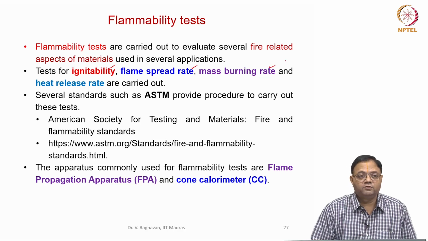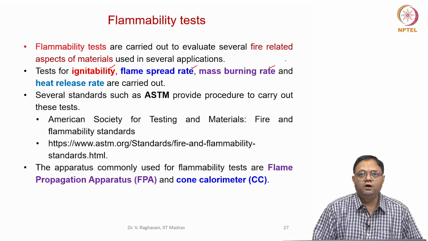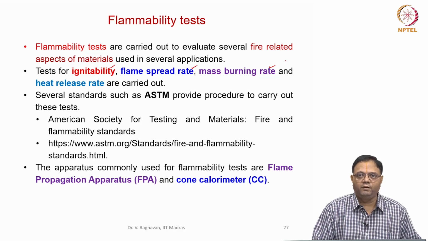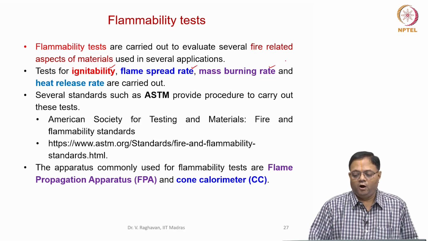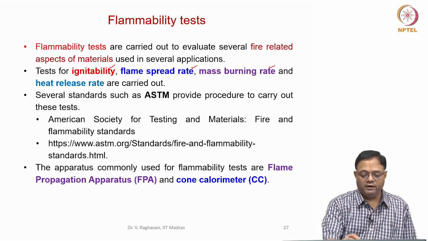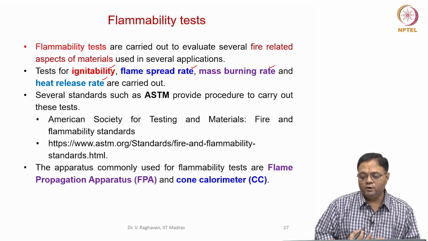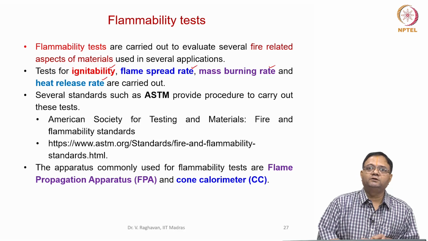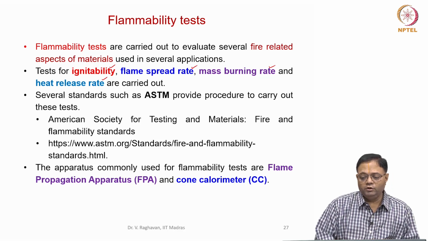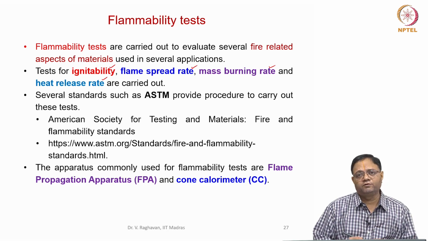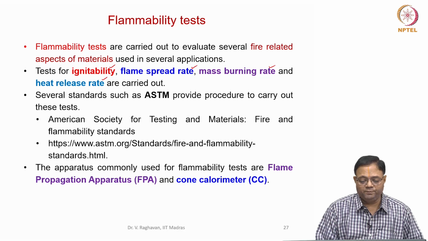Once the flame spreads over the surface, how fast the fire consumes the material underneath it. The rate of burning and heat release rate are connected. Mass burning rate multiplied by heat of combustion, or calorific value, will give you the heat release rate.